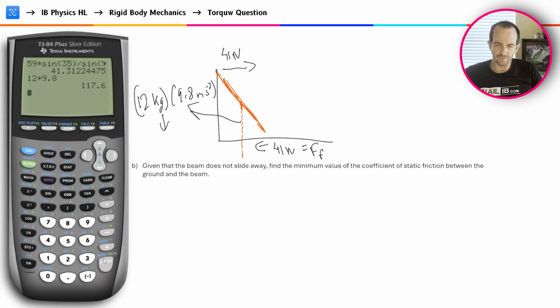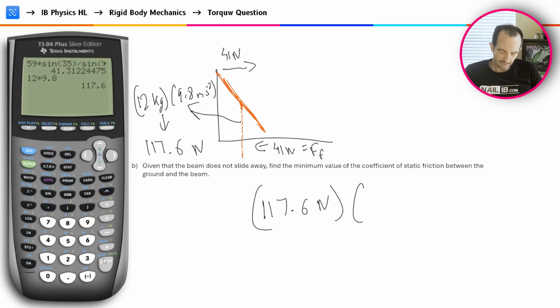We're looking for the coefficient of static friction. So 117.6 newtons times the coefficient of static friction needs to equal 41 newtons in order to make that force counter the force from the wall.